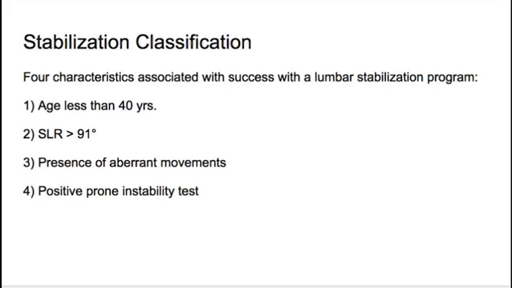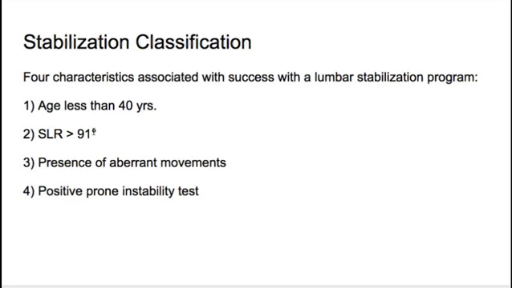So the final classification we're going to discuss is the stabilization category, which we theoretically think of as a group that has too much mobility in their lumbar spine. And these people are characterized by being younger, so their spines are more mobile. They get stiffer as they get older, so at some point the need for stabilization from the muscles decreases.